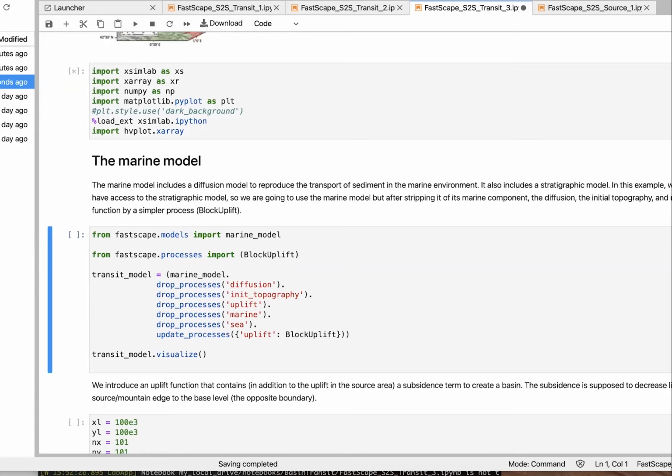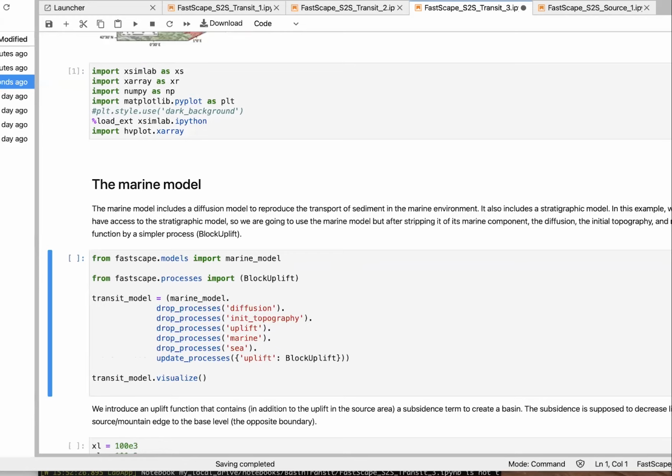I'm building a new transit model that's based on the marine model, in which I've removed the diffusion. The marine model assumes some initial topography, and it has a very special uplift model where things go up and down. I remove it and I replace it by an uplift where I specify a function that I define. I don't want to deal with marine sedimentation now, so I just remove it. We'll do that tomorrow.